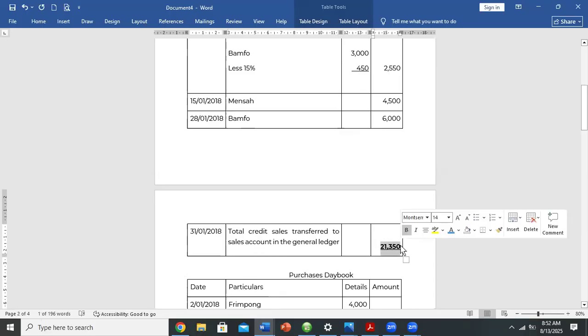So you say I've summed them here, 21,350. You need to give a narration to this total, and of course, it represents total credit sales. Now, this total credit sales, we are going to post to the general ledger, specifically into the sales account. So you always need to make this narration for the total credit sales.